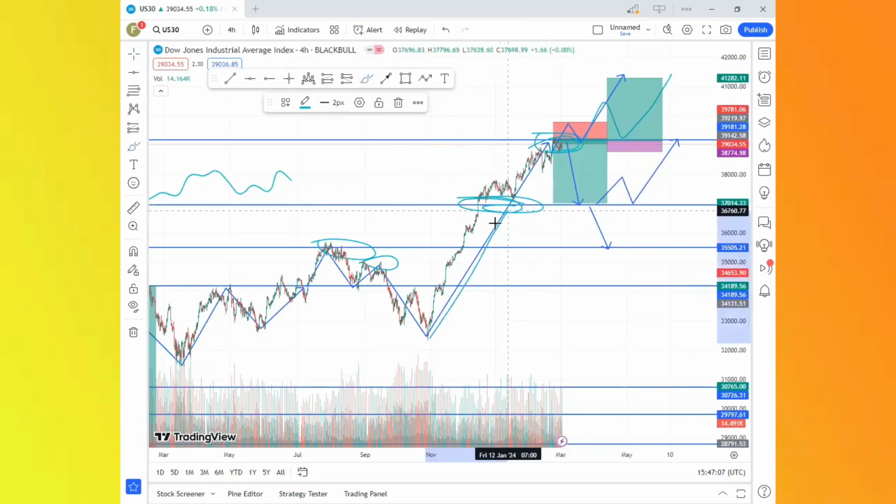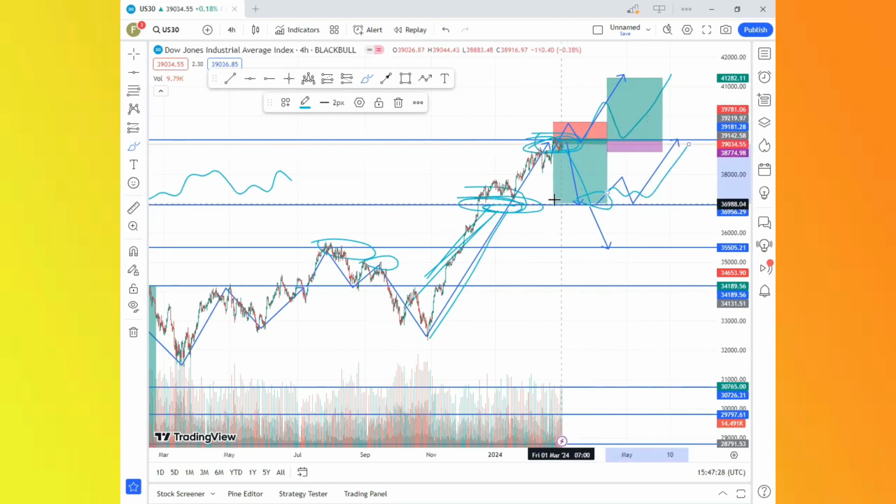After this whole move to the upside, it came to this point here, played out beautifully, and came to this point here. Of course, the market is exhausted, hence why we are expecting US30 to come to this bottom here, play a bit on this zone here before continuing to the upside.